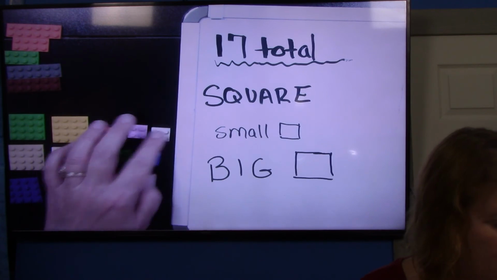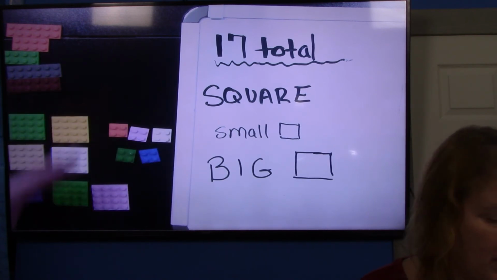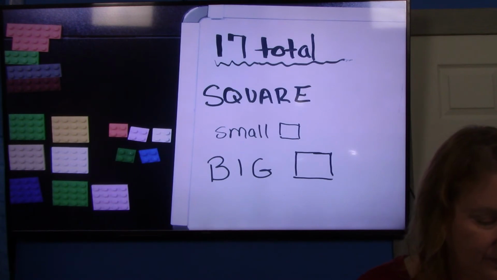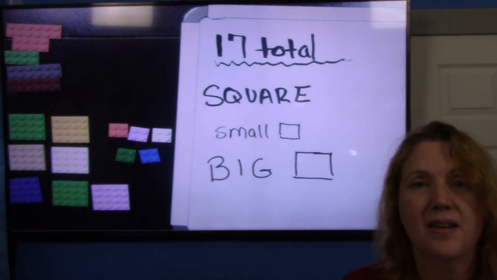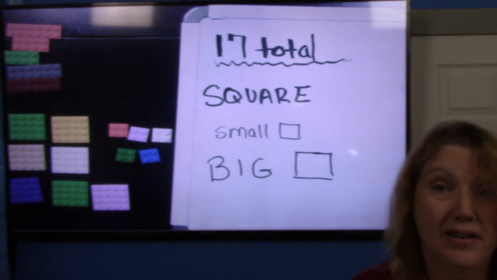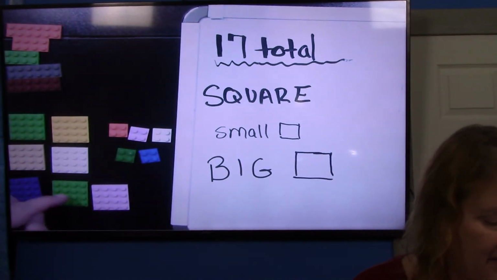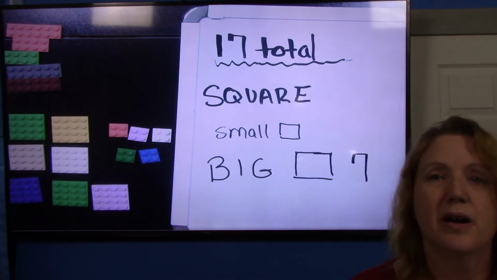Okay, I want you to put in the chat, how many big squares do I have? How many big squares do I have total? I got 7. 1, 2, 3, 4, 5, 6, 7. 7 big squares.